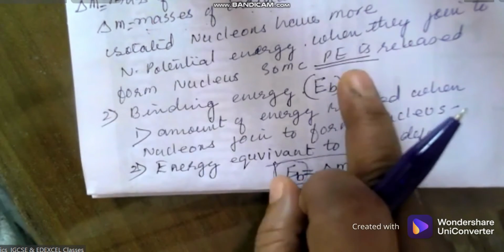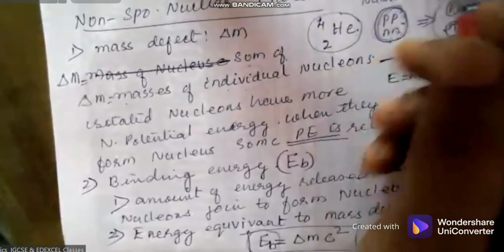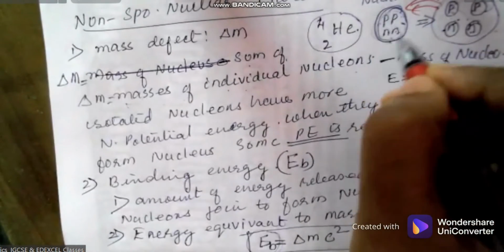Another way of understanding this is that this is the exact same amount of potential energy released when nucleons come together to join. Now, a third way of understanding is another way.